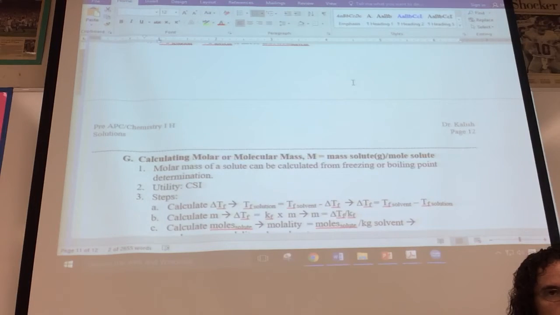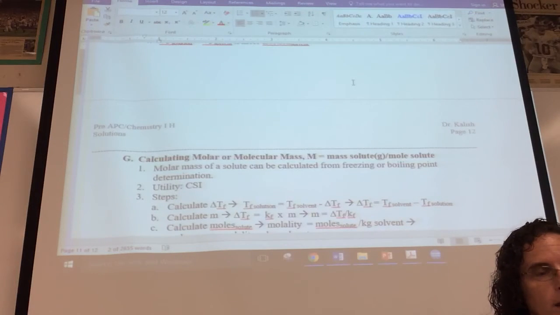Questions on freezing point depression? In your classwork, (15 through 19) deal with freezing point depression and boiling point elevation, and they will provide some very good problems for you to make sure you've mastered this concept.